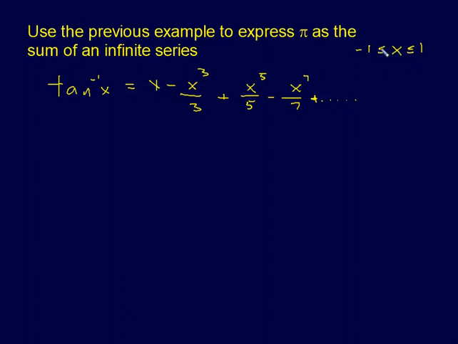And a very easy value of x to evaluate the inverse tangent at is in fact at 1. So if I were to evaluate inverse tan of 1, I would get this nice power series here, just like this. Now we know that the inverse tangent of 1 is actually pi over 4.